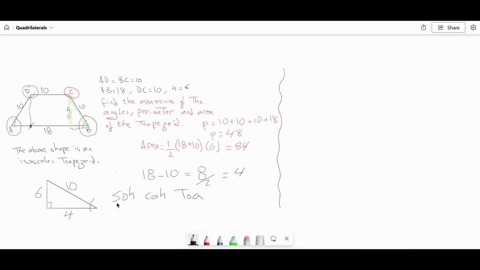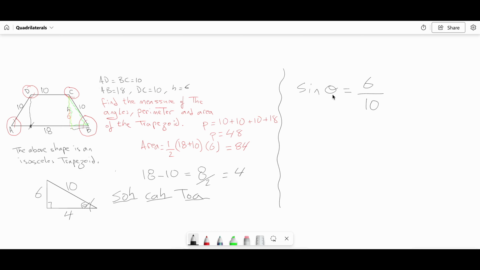I can use any one of them because I have all the sides, and all I need to do is find the angle. So let's use, for example, sine. I'm trying to find this angle here, theta. Sine theta is equal to opposite over hypotenuse, so it's equal to 6 over 10.